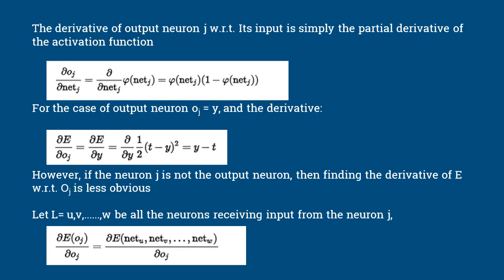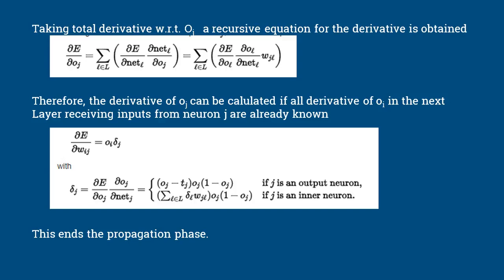That is, it would be a function of the weights going from the neuron j to the next layer. So we'll calculate in this form. Now taking the total derivative with respect to oj, a recursive equation for the derivative is obtained.